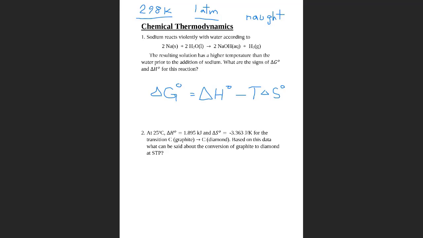Why do we use it? Why do we need it? Because without this complete expression that describes this particular thermodynamic parameter, delta G, we cannot predict spontaneity.